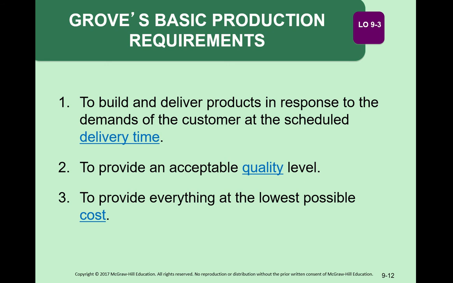We should focus on customer satisfaction, so maybe make sure that the delivery time is timely and the customer isn't waiting forever for the product. And we want to provide good quality. Well, actually, not good quality, acceptable quality. Notice how he did say acceptable quality. That doesn't mean the best quality or super high quality. It means acceptable quality for whatever your customer is paying.